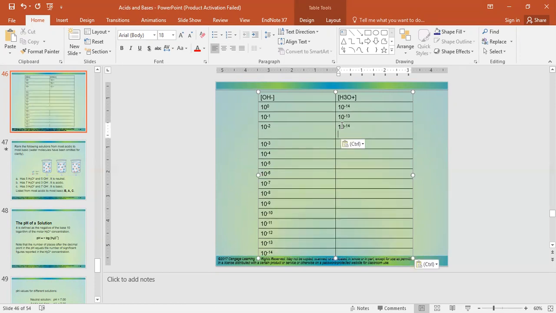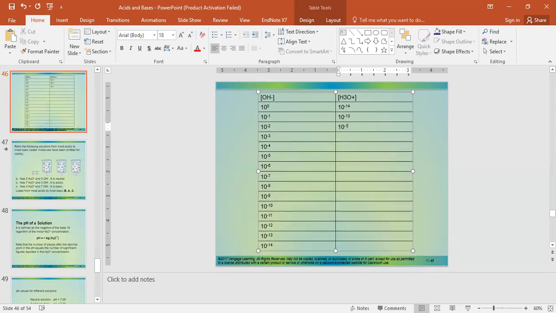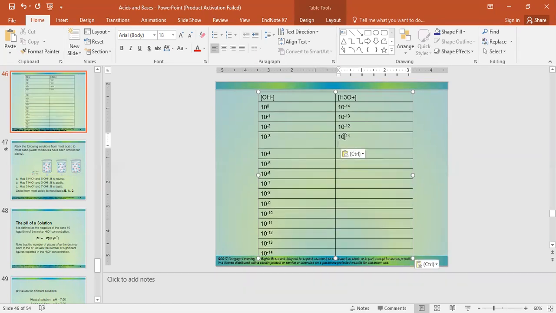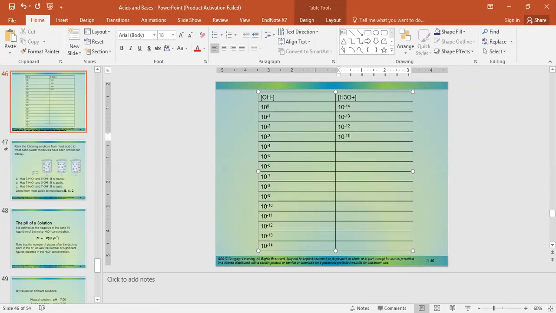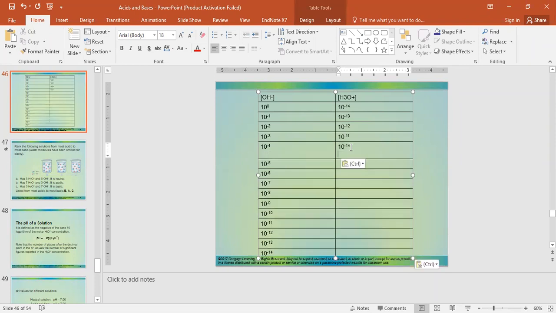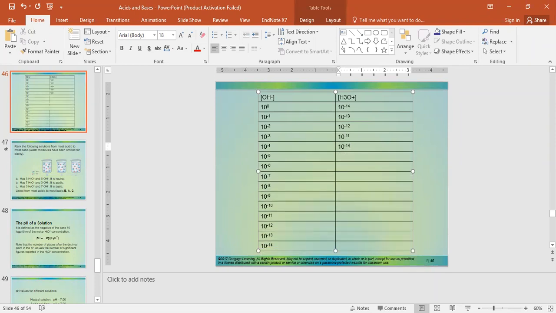This one is 2 power negative 12. This one is 2 power negative 11. This one is 2 power negative 10. This one is 2 power negative 9.